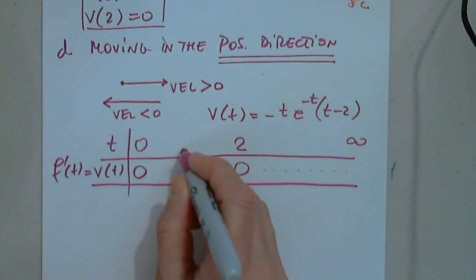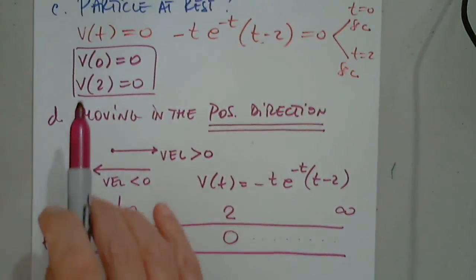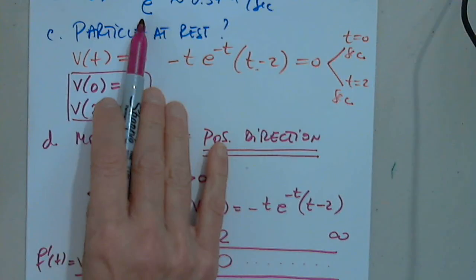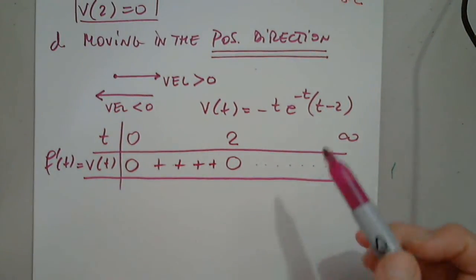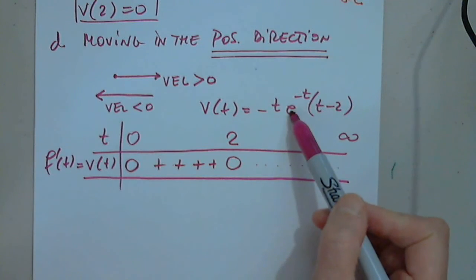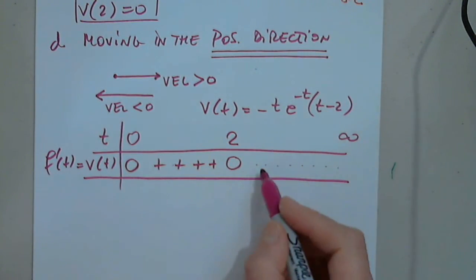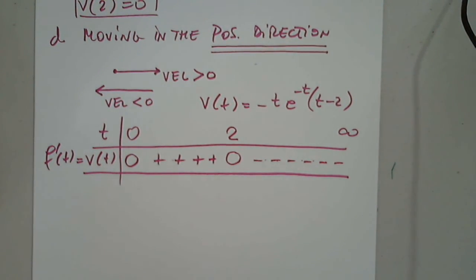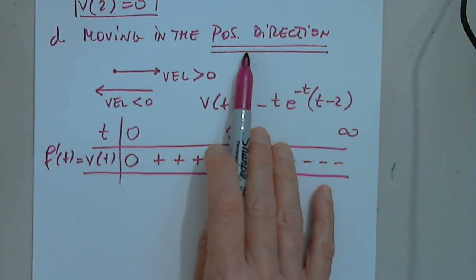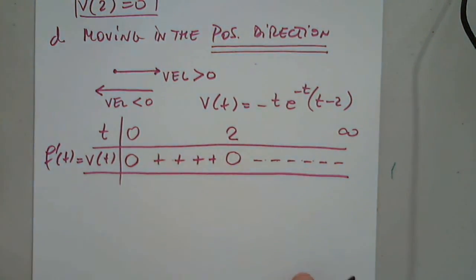So let's plug in 1. And we already know the answer is a positive answer. And let's plug in 10. This is a positive number. This is negative. This is positive, obviously negative. So how will you answer this question? When is the particle moving in the positive direction?